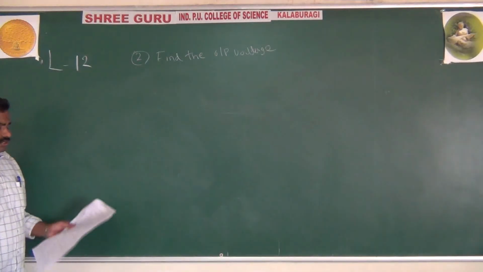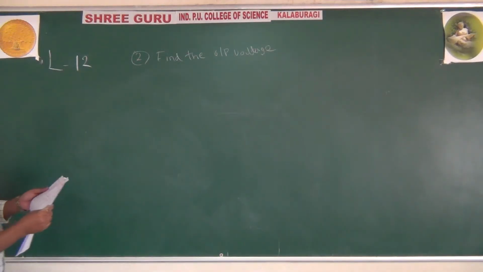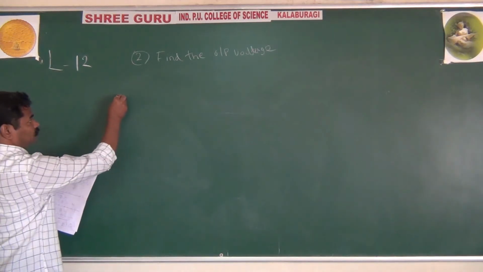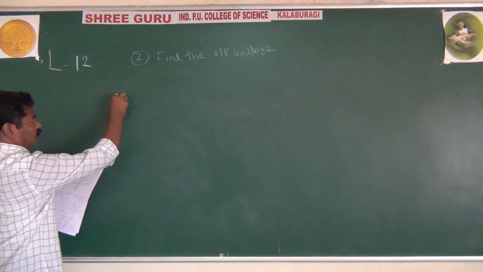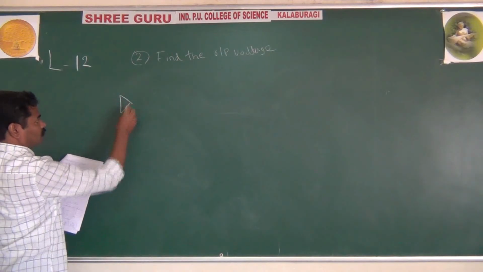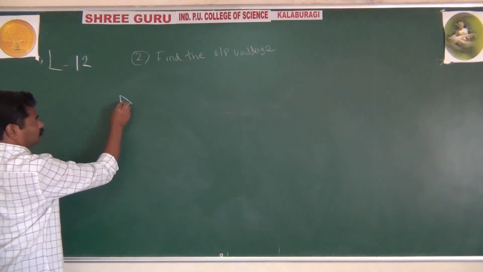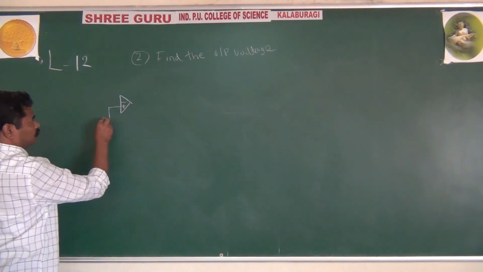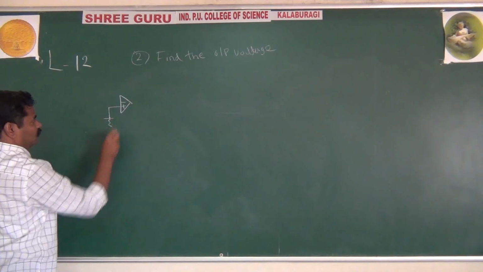Find the output voltage for the diagram given below. Take a small change in the diagram. Once again, you are using an inverting amplifier.